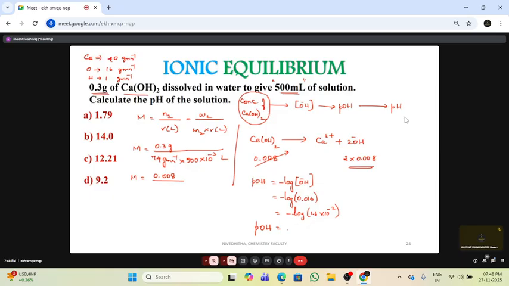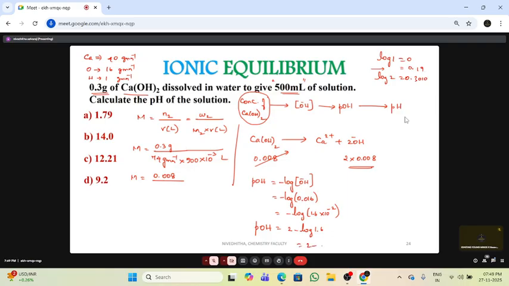So here 2 minus log 1.6, right? So what will be the value of log 1.6? Log 1 is 0, log 2 is 0.3010. So log 1.6 must be between log 1 and log 2, right? So you have to come up with a value between 0 and 0.3. Anything is fine. Tell me a value between 0 and 0.3. 0.19. Okay, fine, 0.19. So 2 minus 0.19.